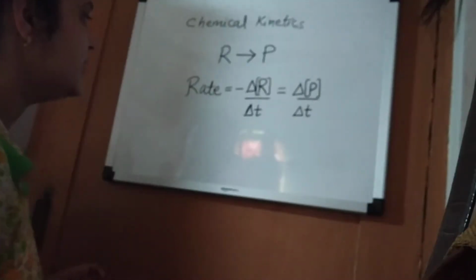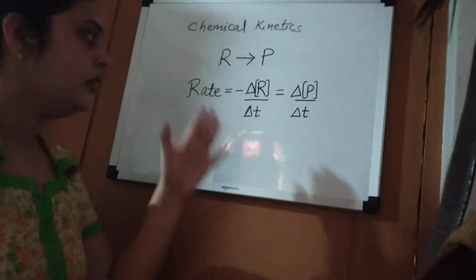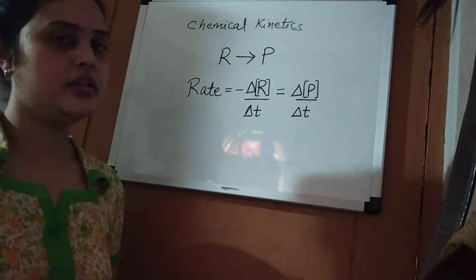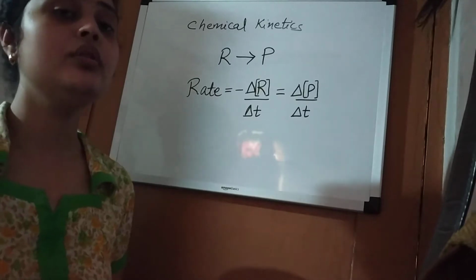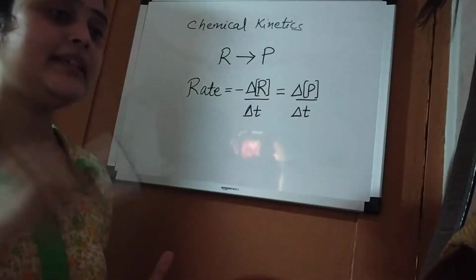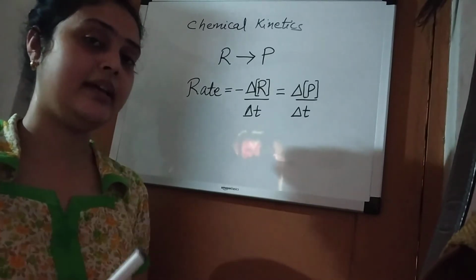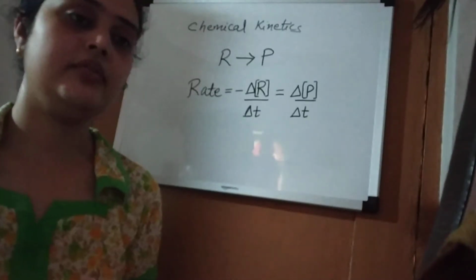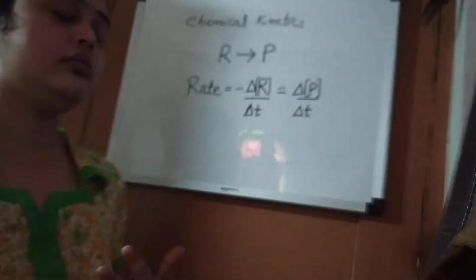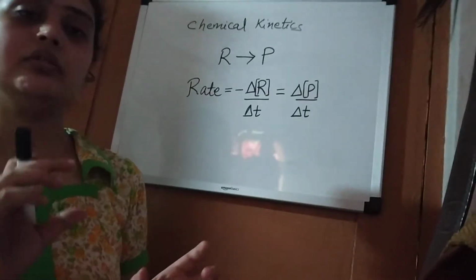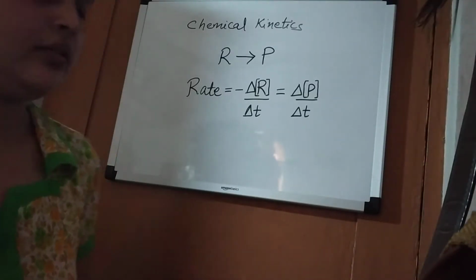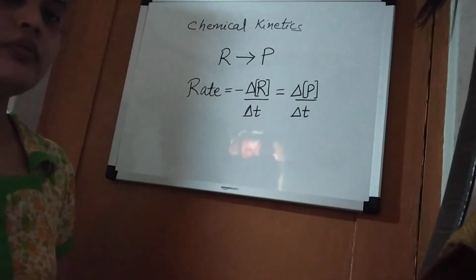Now this is the average rate of reaction, meaning over the whole range of time you calculate the change in concentration. Now if we want to find the instantaneous rate of reaction, that is the rate at a particular time, for example in a short time like 600 seconds, then what will you use?